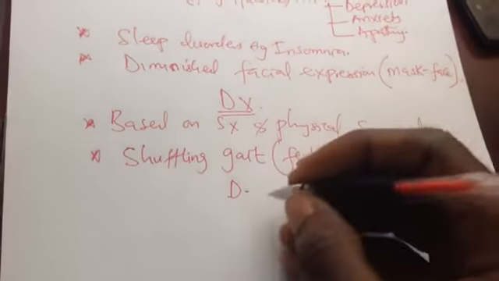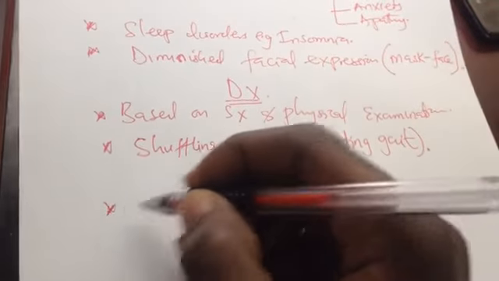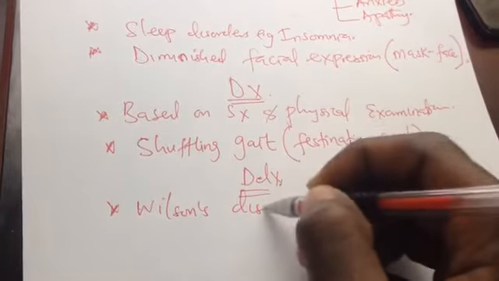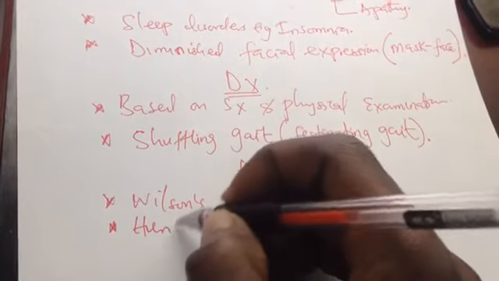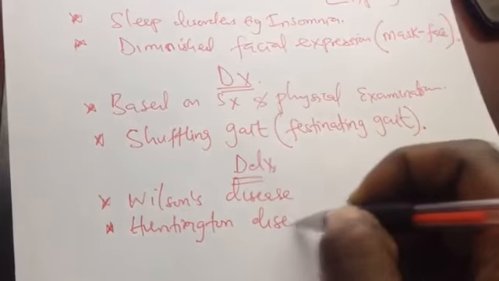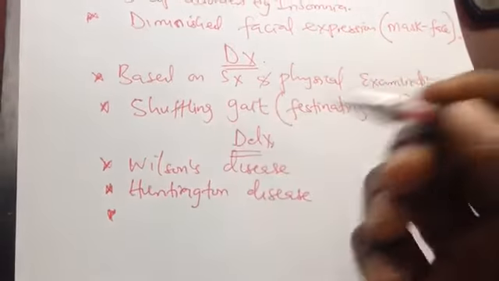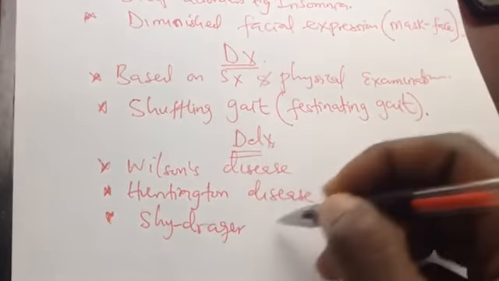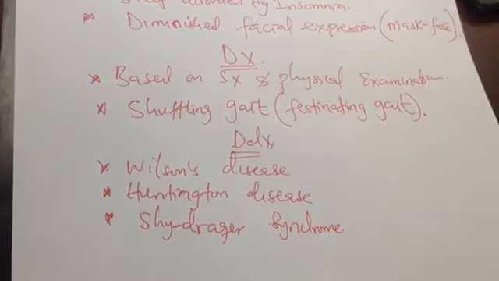We have to really differentiate it from Wilson disease, from Huntington disease, and even from a disease called Shy-Drager syndrome. So these are the differential diagnoses of Parkinson's disease.